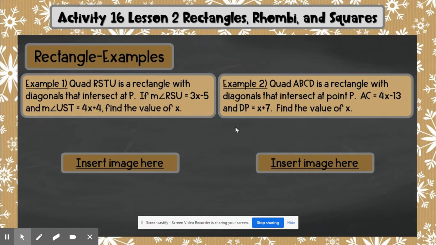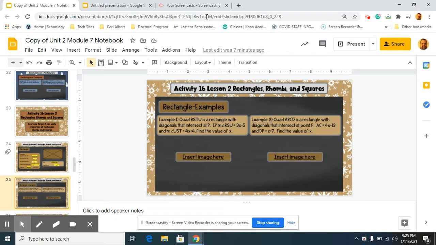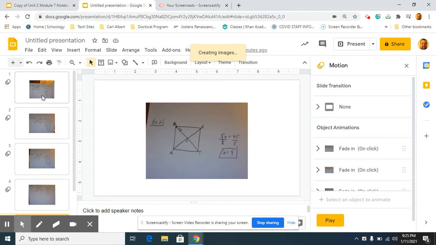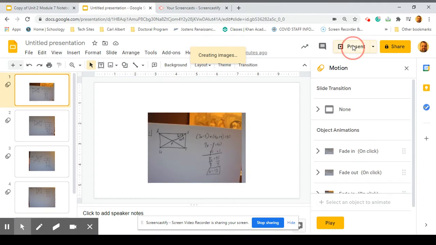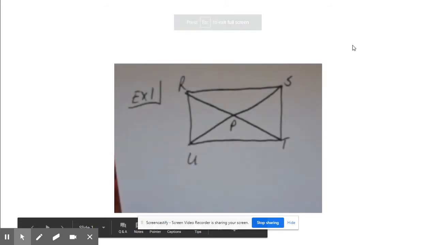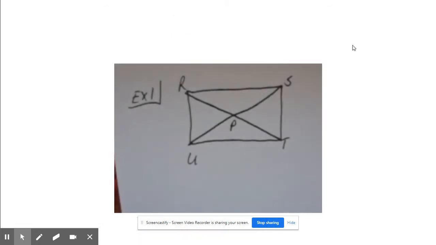So example 1 says quad RSTU is a rectangle with diagonals that intersect at P. Okay, so I'm going to go to a different slide. I'm going to start this. So I have rectangle RSTU with diagonals that intersect at P.